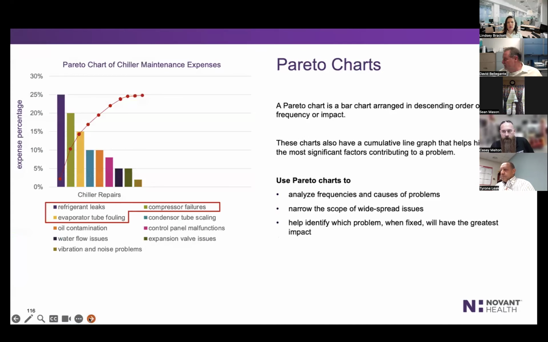Okay. So starting with the Pareto chart, this is an example. This one was used for the chiller maintenance expenses. To the left side, you see that each of the components that have been identified represents a bar from that viewpoint, and then the line kind of charts out that activity throughout the functions of it.